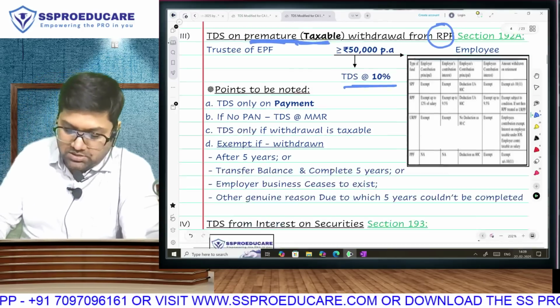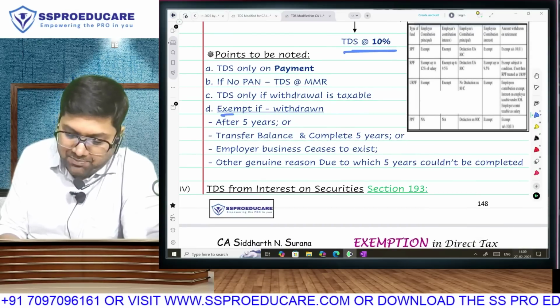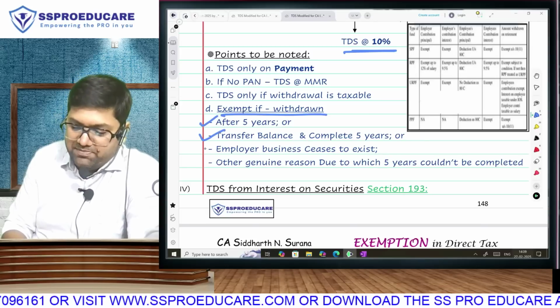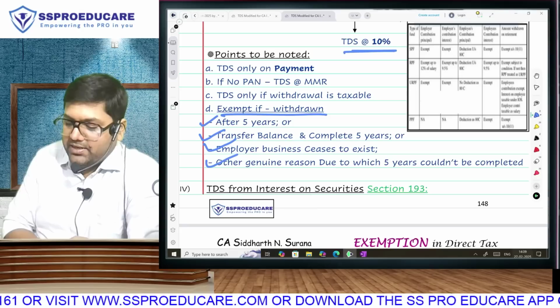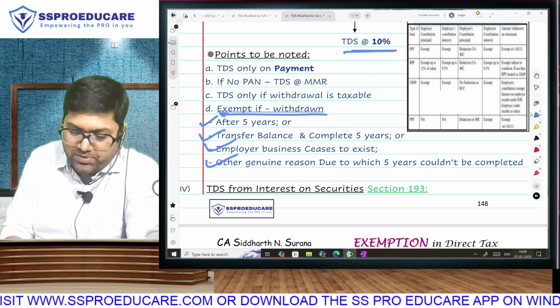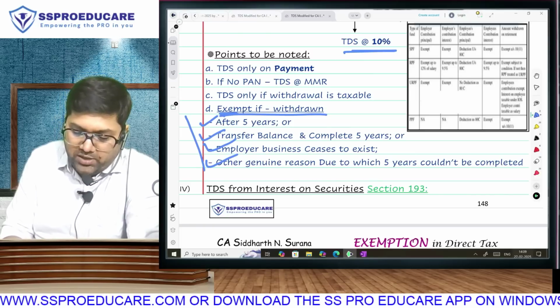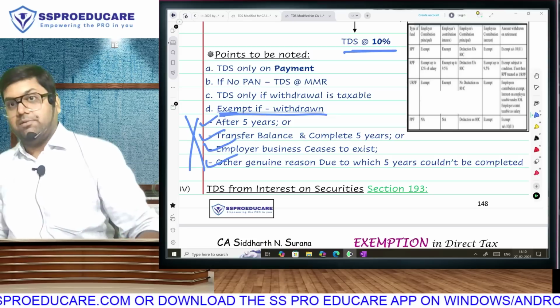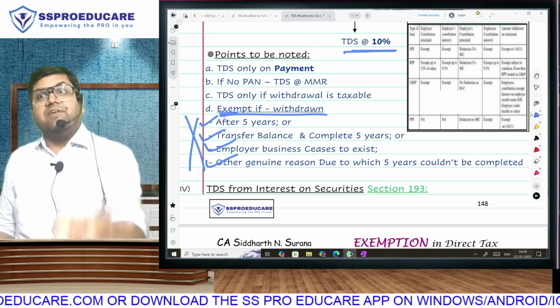Premature. For those who don't remember, RPF maturity is exempt if minimum 5 years, or transfer balance, or employer business stops, or any other genuine reason. If I fall in any of these cases, it is going to be exempt. If I don't, then the premature withdrawal I have made will be taxable, even if it is 1 rupee.